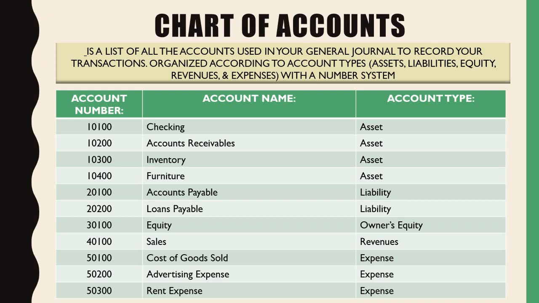Now, from an accountant's perspective, your chart of accounts is not set in stone. It can be ongoing. You can add an account at any given time, as long as it makes sense and represents the transaction that you're trying to record.